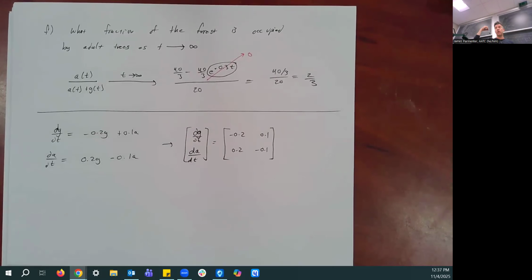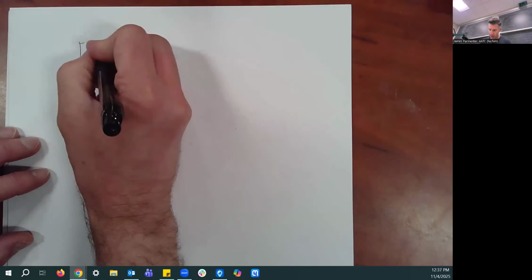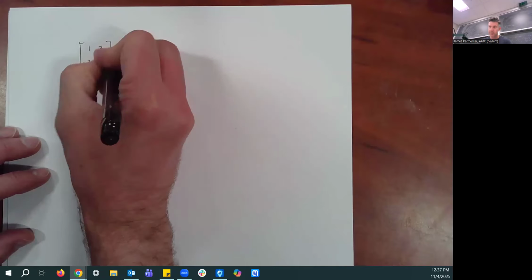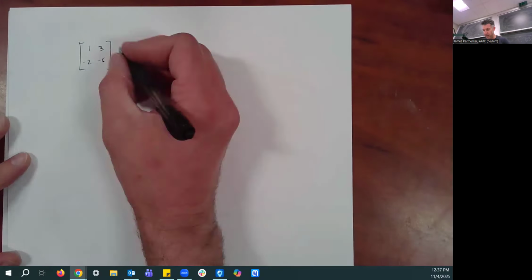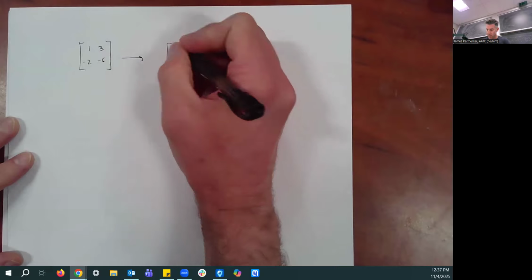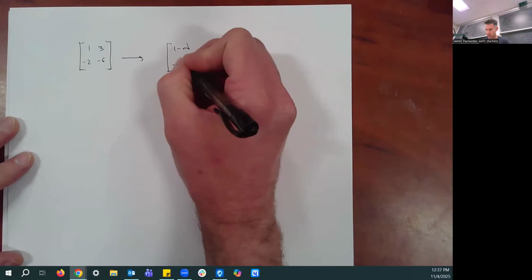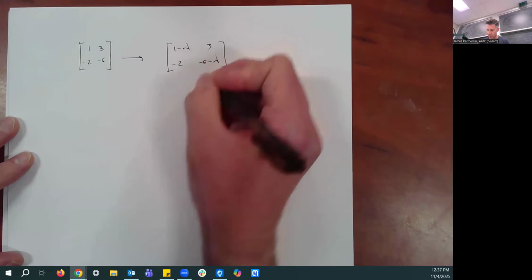For example, if your matrix was 1, 3, -2, -6, that's an automatic indication that 0 is going to be one of your eigenvalues, because your rows are multiples of each other, or your columns are multiples of each other. Let's see it. If I was finding the eigenvalues here, I have 1 minus lambda, 3, -2, -6 minus lambda. Find the determinant of that matrix.